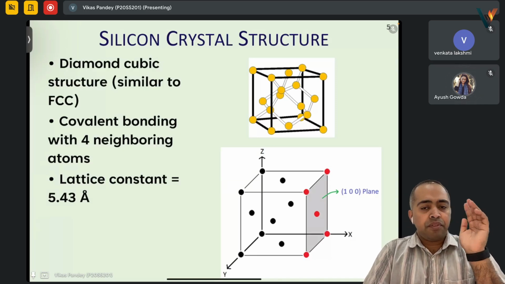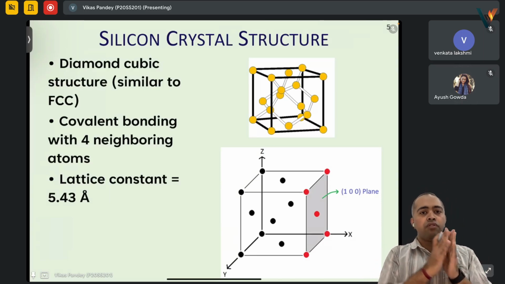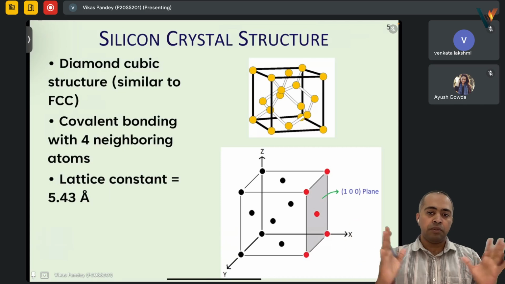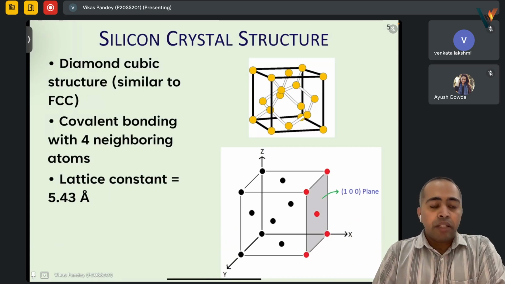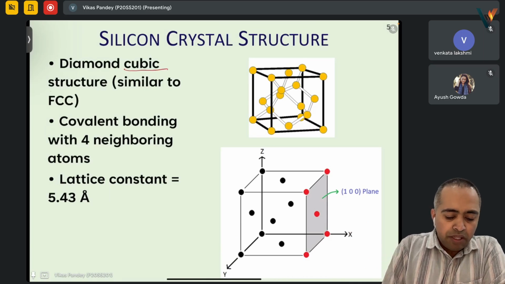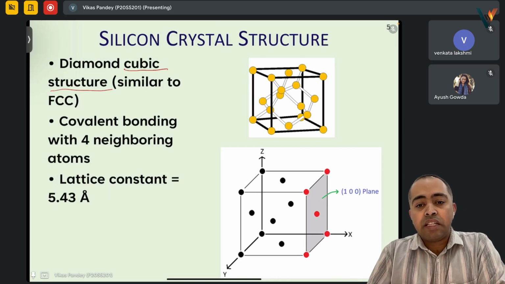So silicon is a crystalline material. That means it has a uniform structure throughout its bulk. Okay, and this has a diamond cubic structure similar to FCC or face centered cubic.